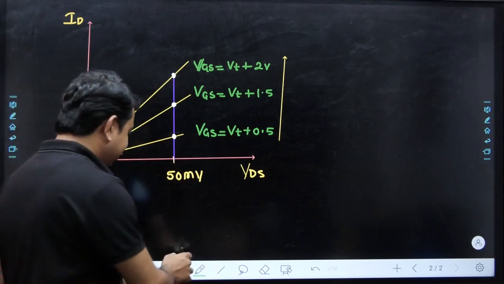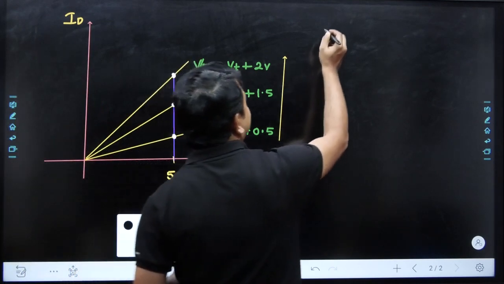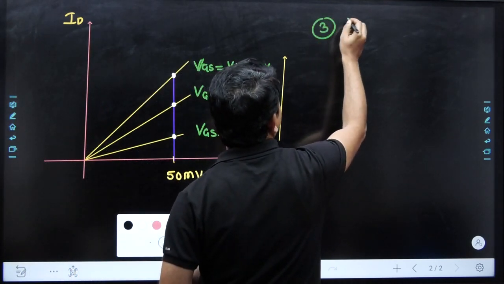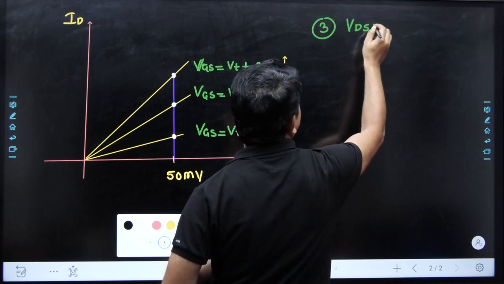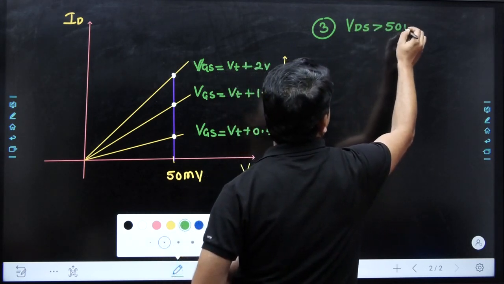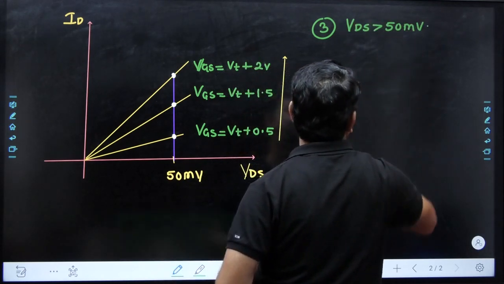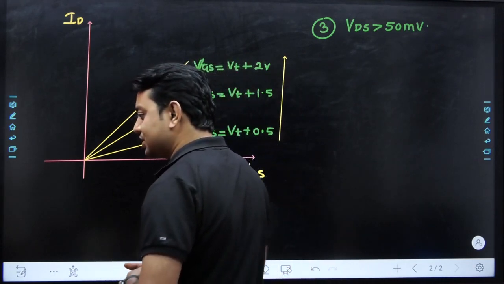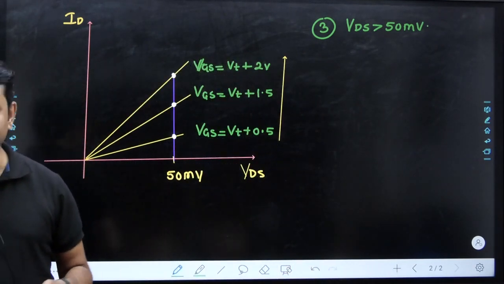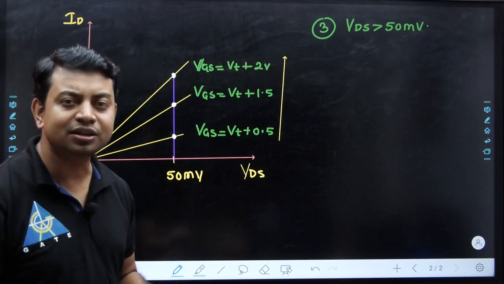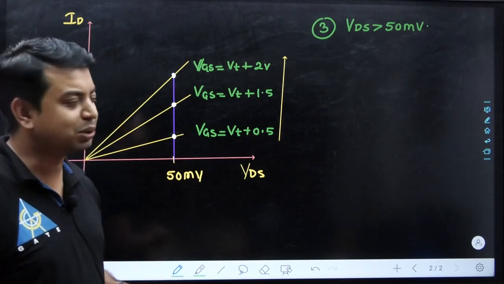What will happen next? The third question is, if we apply VDS more than 50 millivolt, at a very large magnitude of VDS, what is happening inside this? If you increase more and more voltage at the drain terminal, then what will happen?